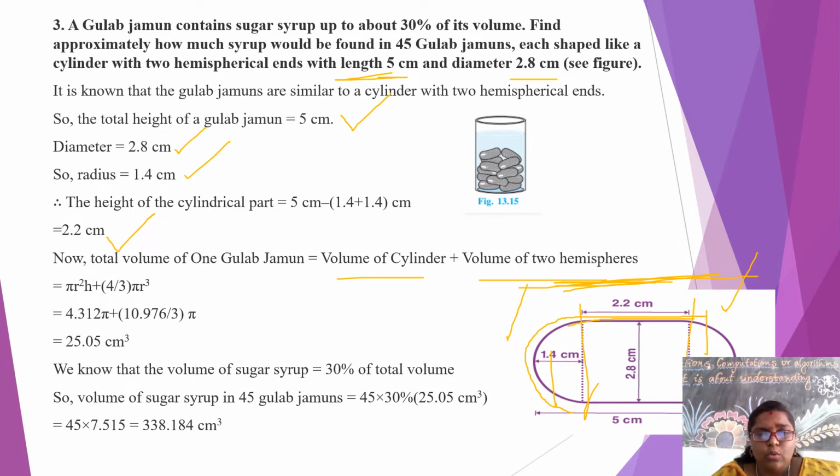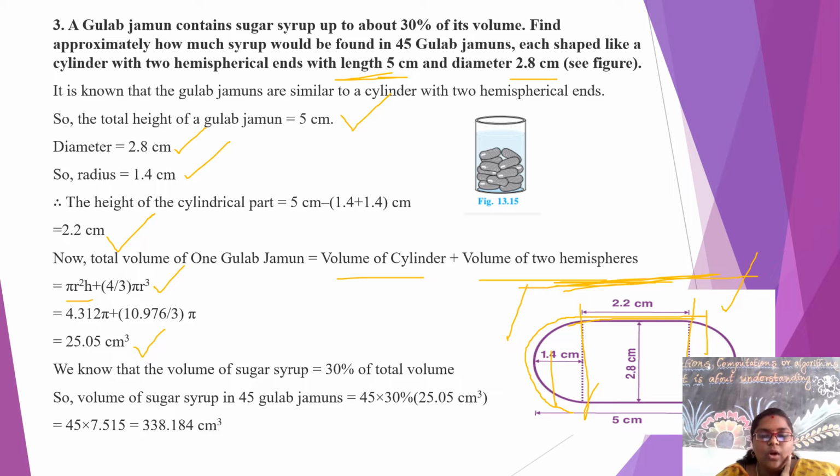So we have to find the volume of these two, then we have to add. So volume of the cylinder is pi r squared h plus, right, two hemispheres. So 2 into 2, 4. 4 by 3 pi r cube. Now substituting the value and simplifying, we are getting 25.05. This is the volume of the gulab jamun.